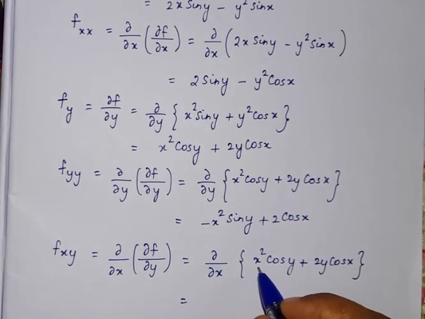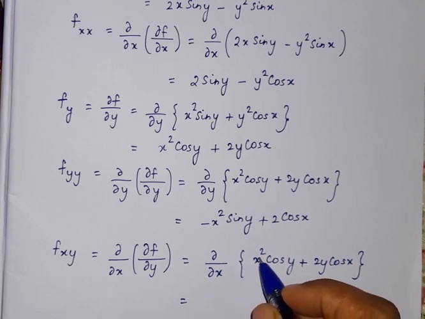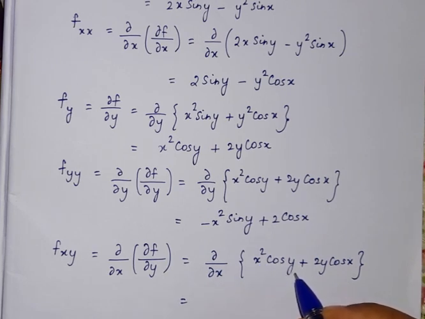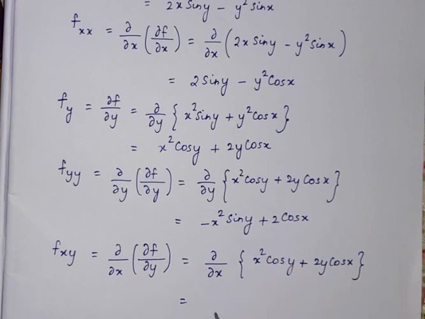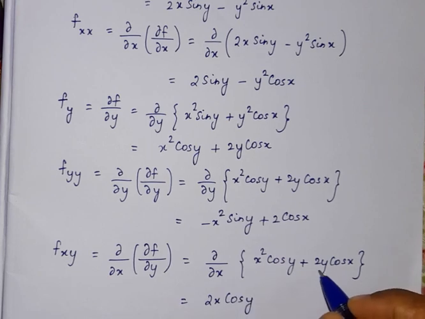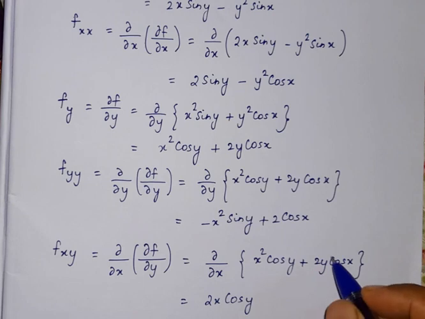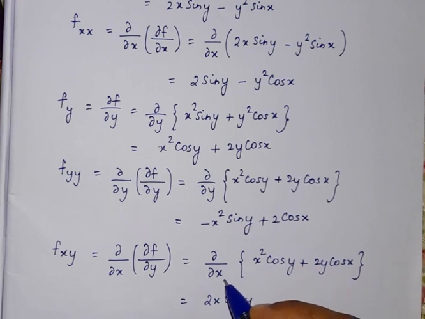Now differentiating this with respect to x, cos y will be the constant here. X square when differentiated gives 2x. So 2x cos y. What happens to the second term? In the second term 2y will be the constant. Cos x when differentiated with respect to x is minus sin x. So minus 2y sin x.